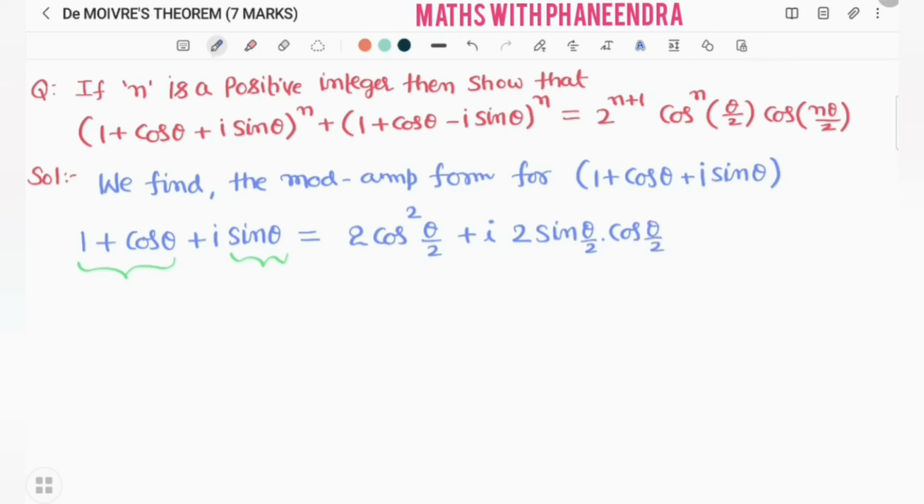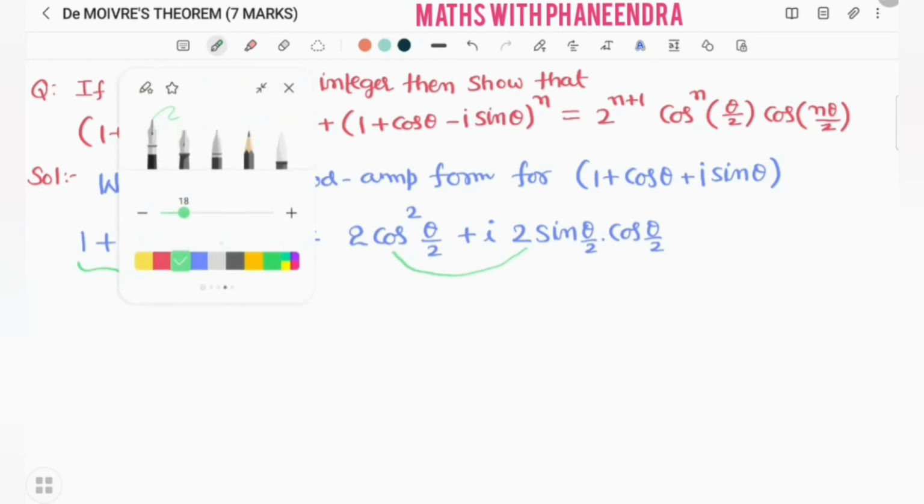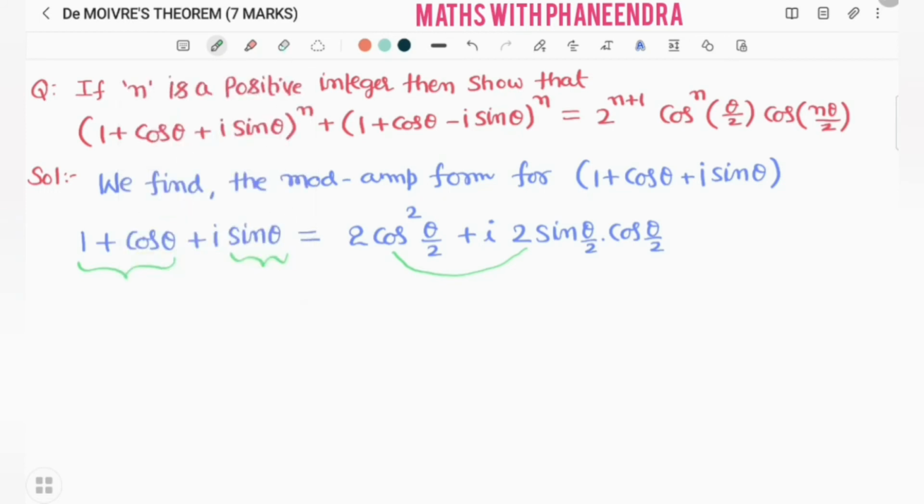Now take common 2 cos theta by 2 from here. So 2 cos theta by 2, if you take out common, cos theta by 2 plus i sin theta by 2.